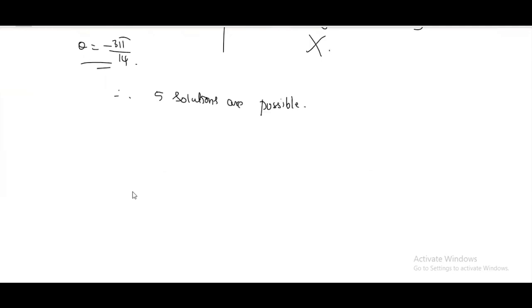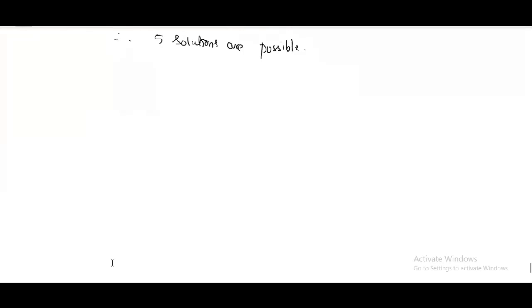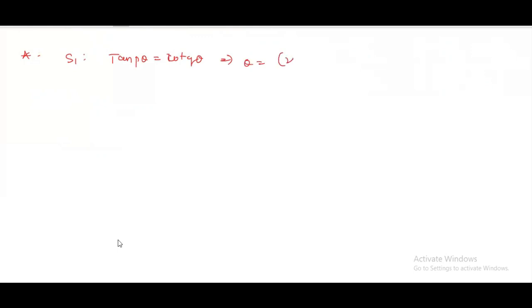So hope you understand this one. So how to solve this one? Let's see one statement type of question. So what is this question? Statement 1 is, if tan p theta is equal to cot q theta, then theta is equal to (2n plus 1) times pi by 2 times (p plus q).